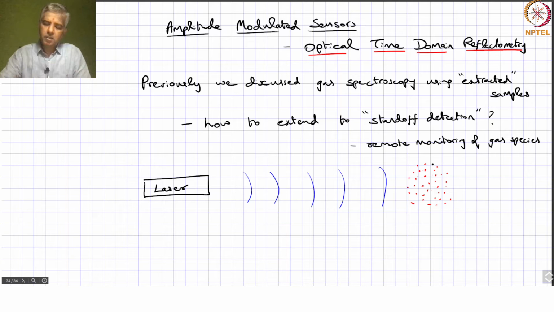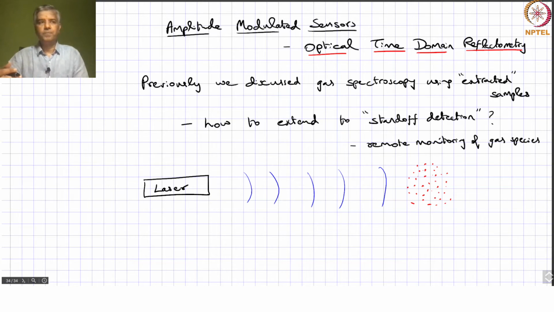So in this case, what we rely on is whenever there is an inhomogeneity in the propagation medium, as far as the light is concerned, whenever it encounters a certain inhomogeneity, there will be scattering of light.